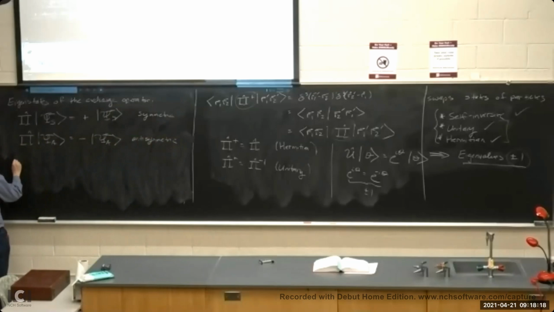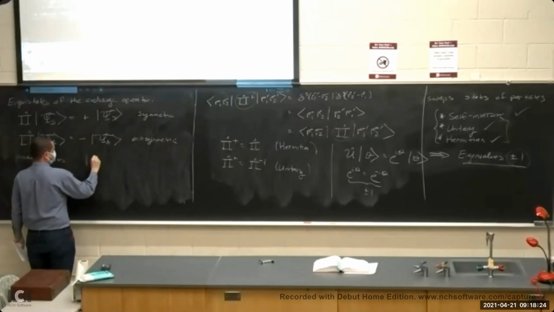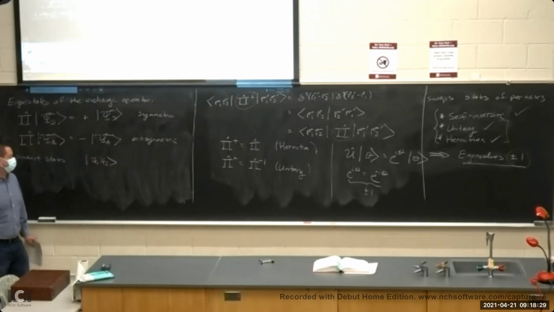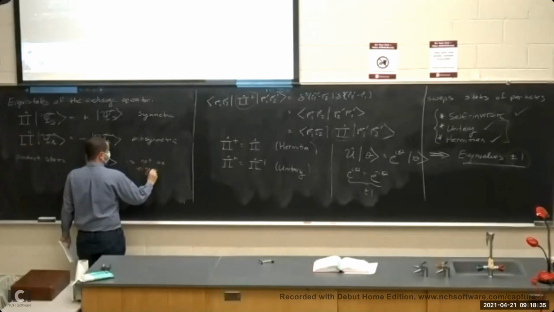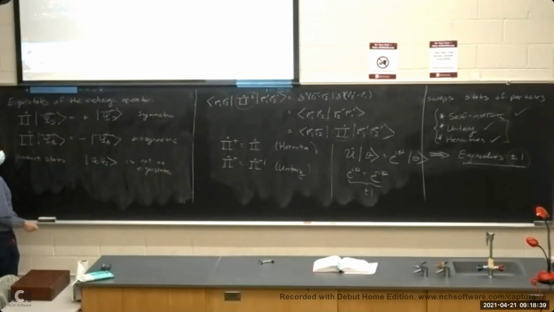So my simple product states, if I just take |psi1, psi2>, is not an eigenstate of the exchange operator. But I can make states that are symmetric or anti-symmetric by explicitly symmetrizing or anti-symmetrizing them under that exchange.